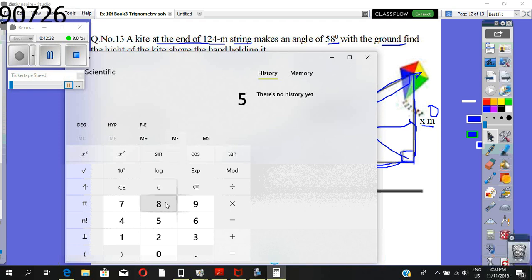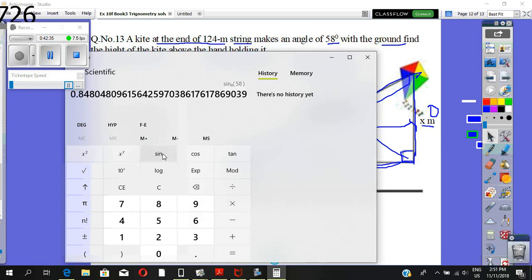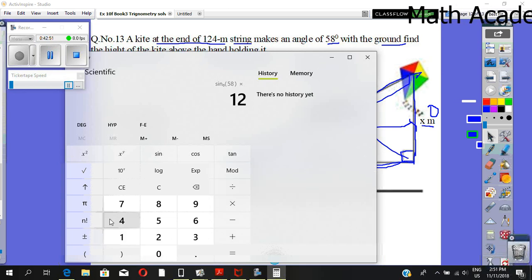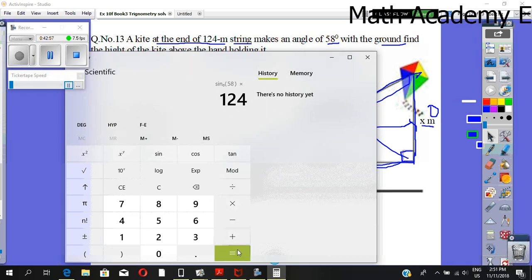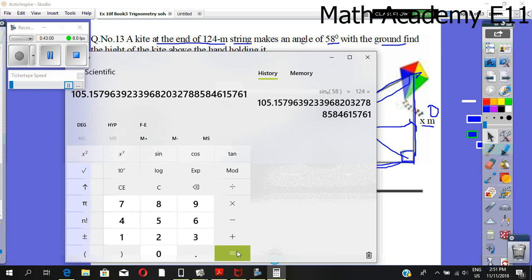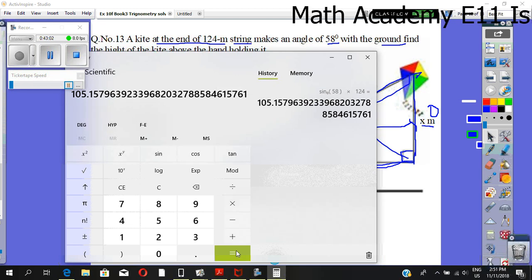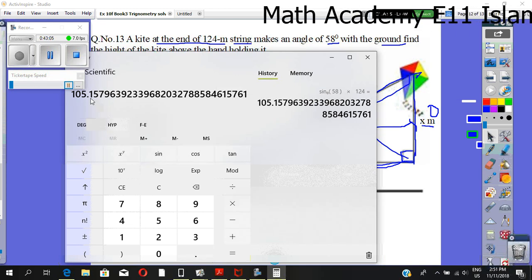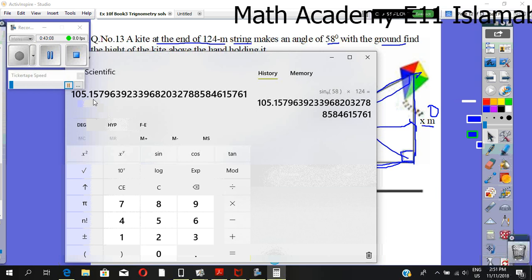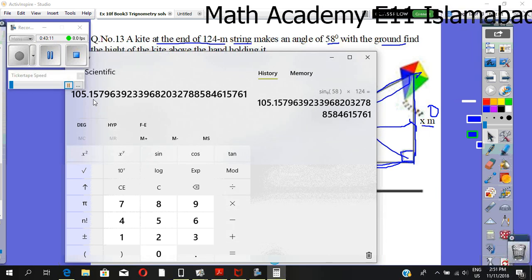Sine 58 is 0.8440480096 and so on. Then we multiply it by 124, and it gives us 105.15796 and so on, and we round to 2 decimal places, then it gives us 105.2.